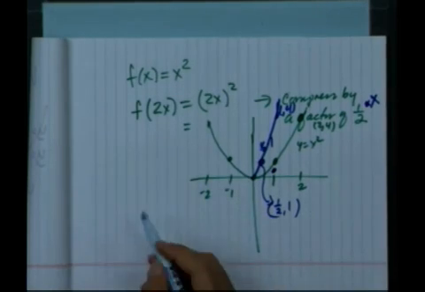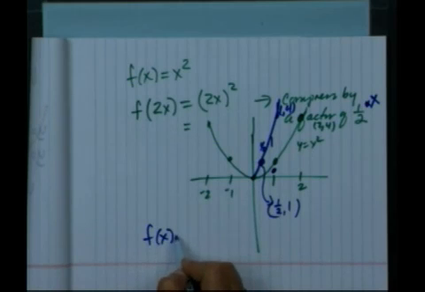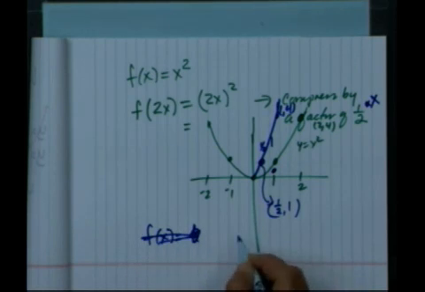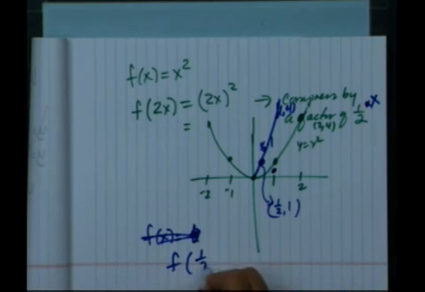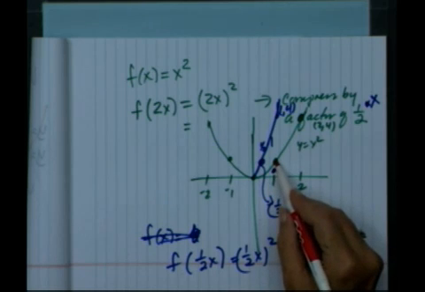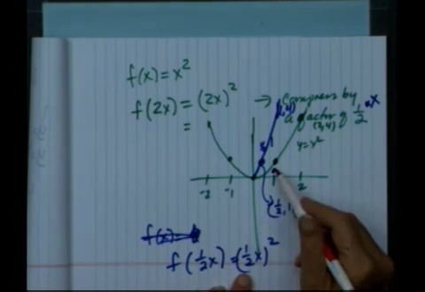Yeah. If you have f of x equals x squared, and you have f of 1/2 x, which is 1/2 x squared, that is going to take it and stretch it out this way by a factor of 2. And you'll go in there and multiply those old x values now by 2.